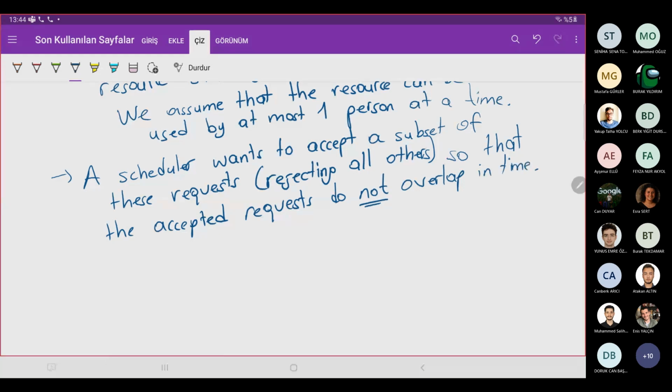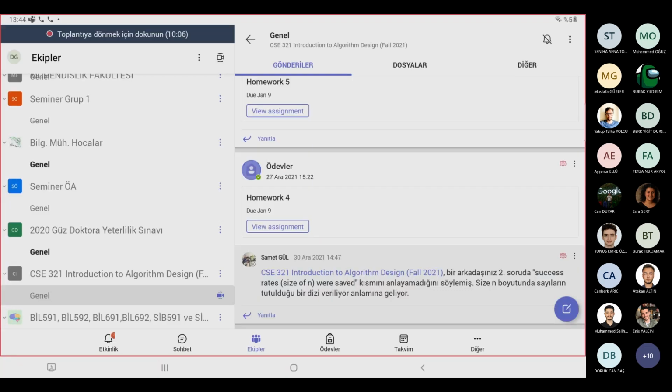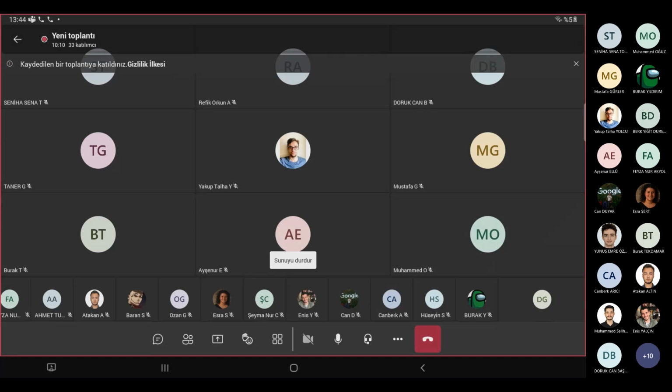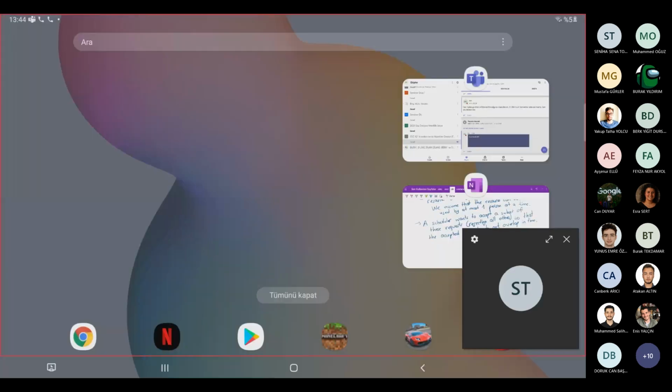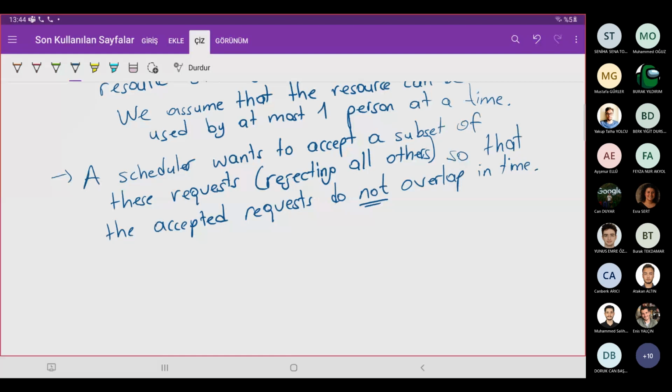Because if they overlapped, then we wouldn't adhere to the requirement that it can be used by at most one person at a time. So they cannot overlap.